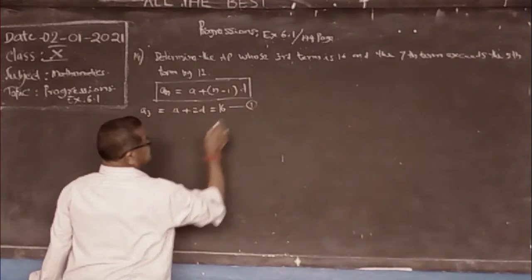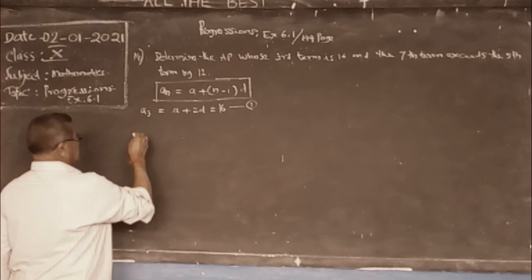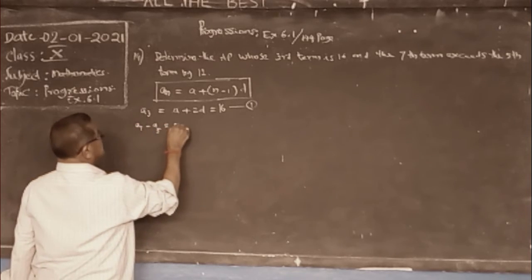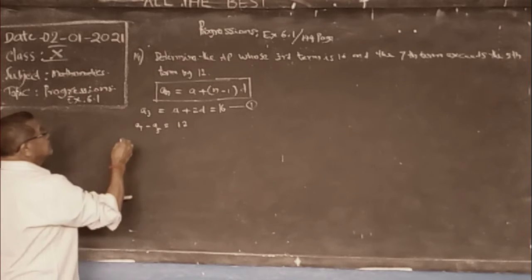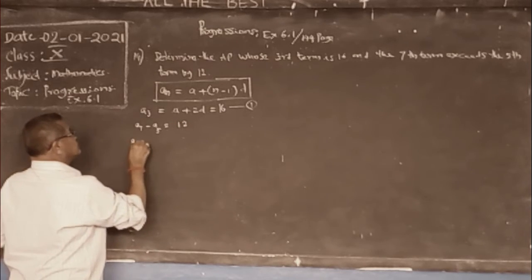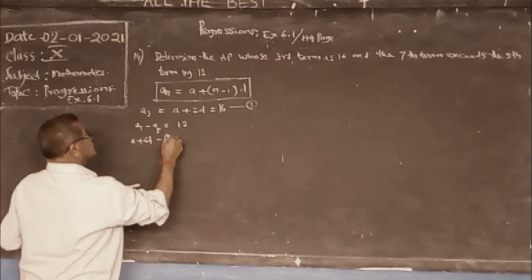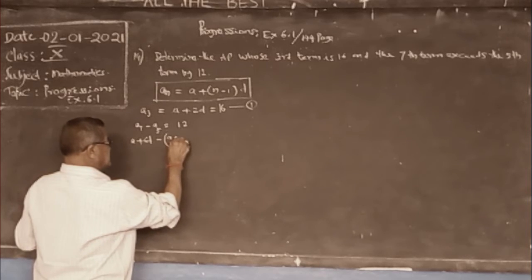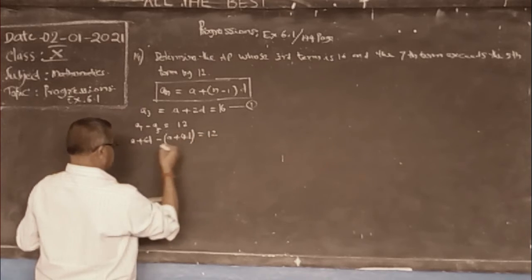First equation. The seventh term exceeds the fifth term, that is A7 minus A5 is equal to 12. How to write A7, the seventh term? A plus 7 minus 1, that is A plus 6D, minus the fifth term, 5 minus 1, A plus 4D. This is equal to 12.